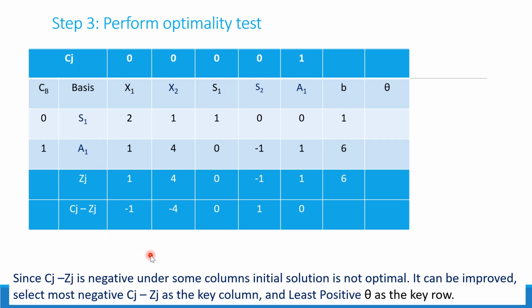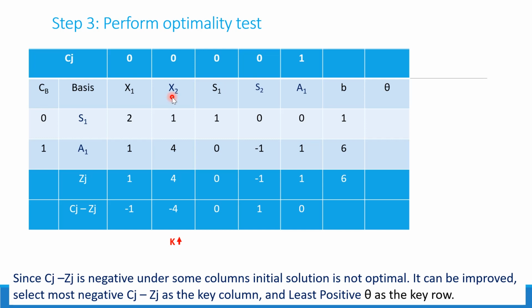So you will always solve this phase 1 for minimization type. Okay, so the most negative is -4, so selecting this column, this is your key column. The key column has the x2 variable, so x2 is your incoming variable.